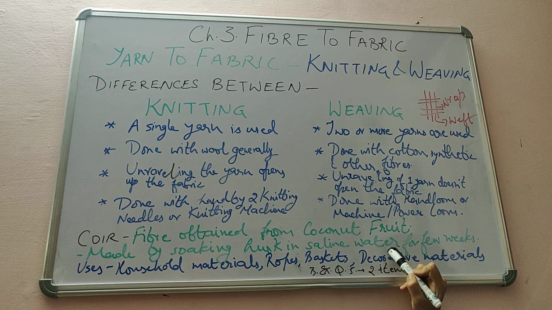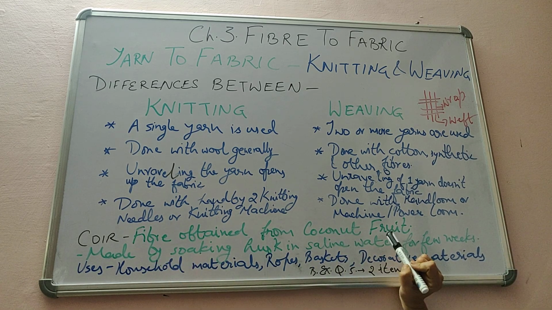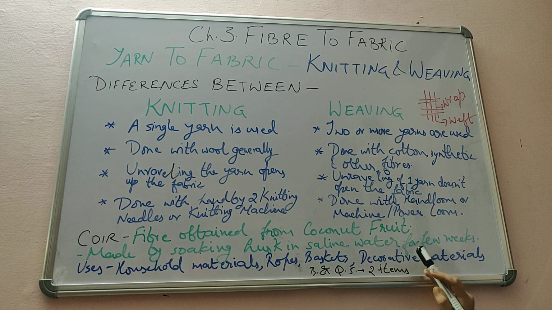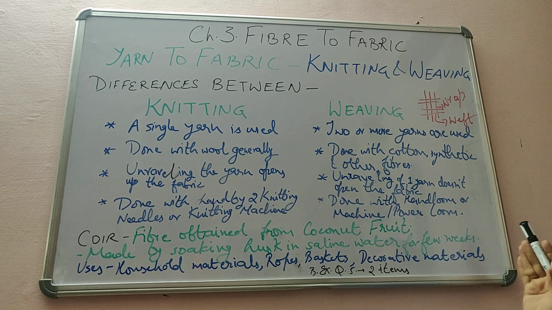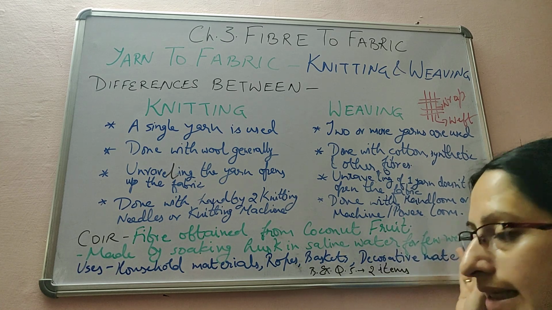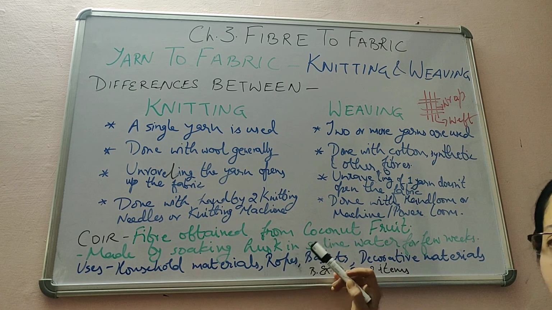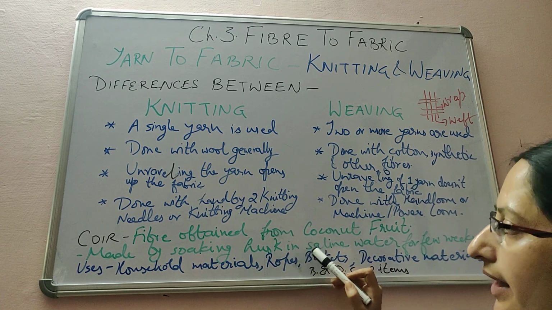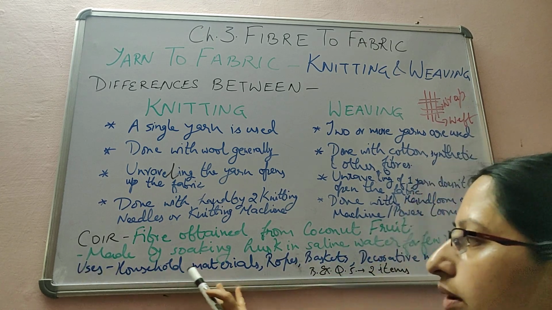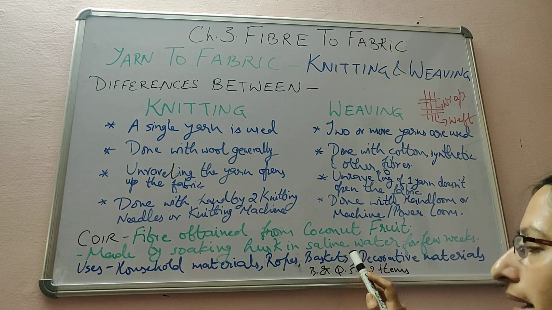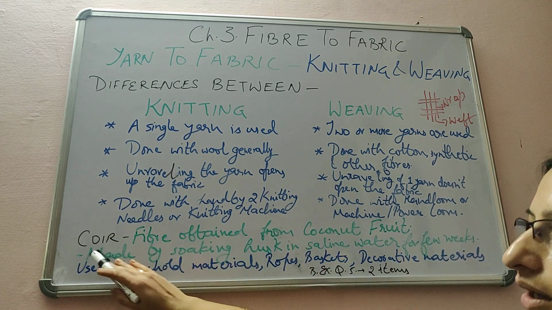Saline or salty water is taken, and in that the husk of the coconut fruit, which is generally brown in color, is soaked for a few weeks. Then first its bleaching is done, that is removal of color, and after that it's dyed, means color is added to it, and then its spinning is done to produce household materials, ropes, baskets, decorative materials. All these are produced using this coir.